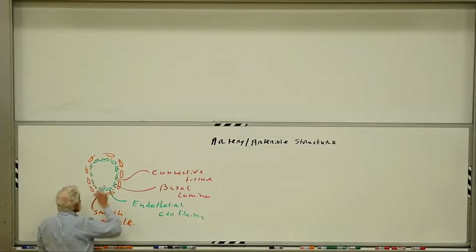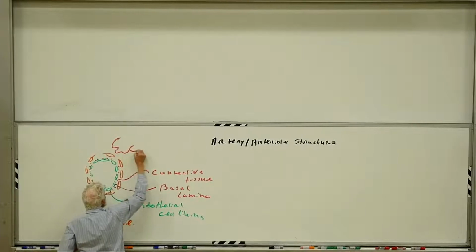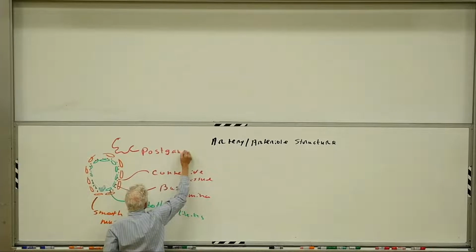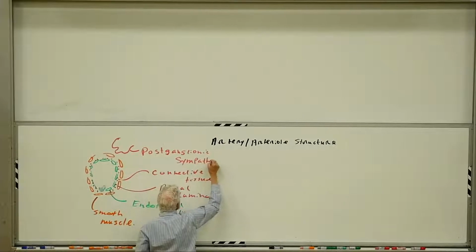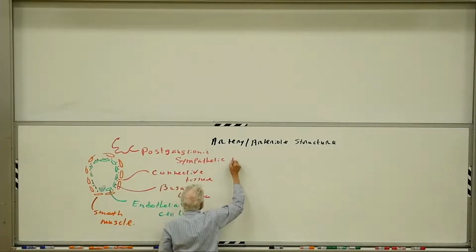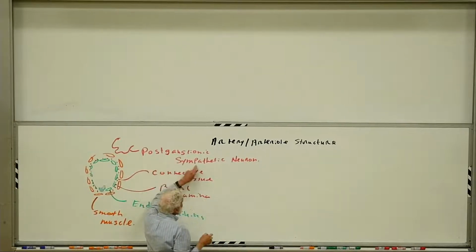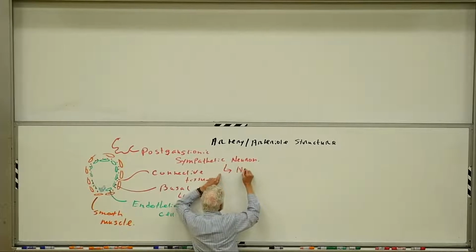Then that smooth muscle will be innervated by a postganglionic sympathetic neuron. Remember, postganglionic sympathetic, we should be thinking about the release of norepinephrine.